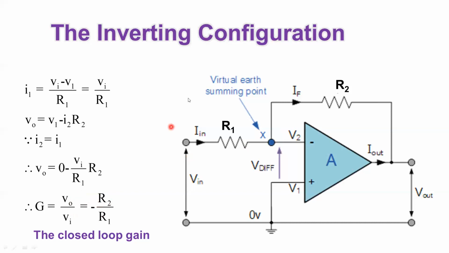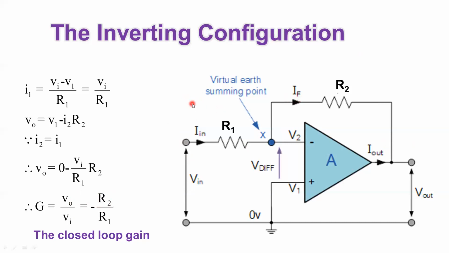That's why we call this configuration an inverting configuration, because simply the output is the inverted sign of the input. If you have a positive voltage in the input, you will get a negative voltage in the output. If you have a negative voltage in the input, you will get a positive voltage in the output. That's why we call it an inverting configuration.